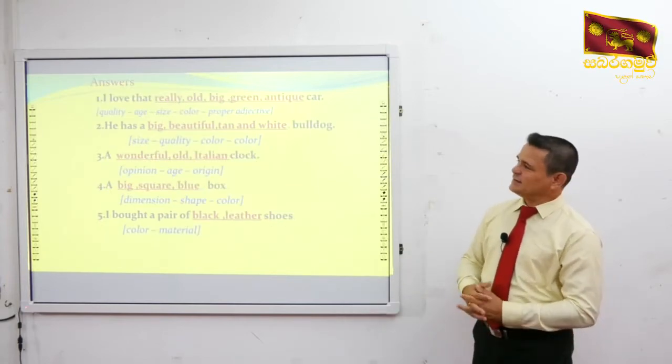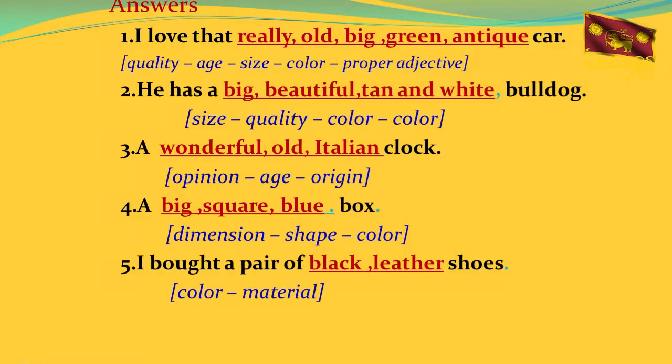First one, actually it says, I love that really old big green antique car. You can see first you talk of the quality, then the age, then size, then color, and then the proper adjective, right? And in the other sentences also, that order is given clearly.